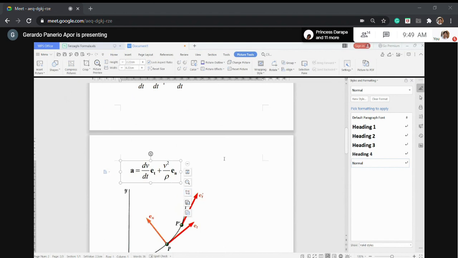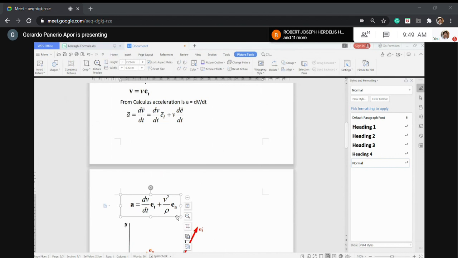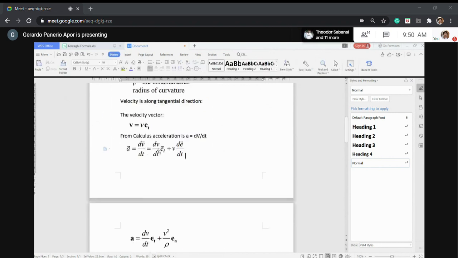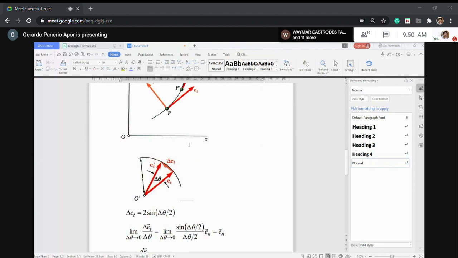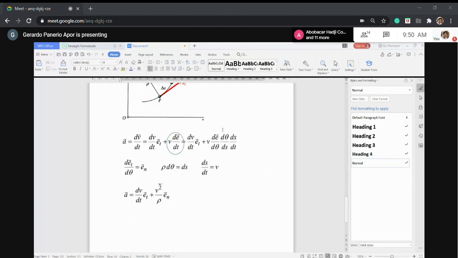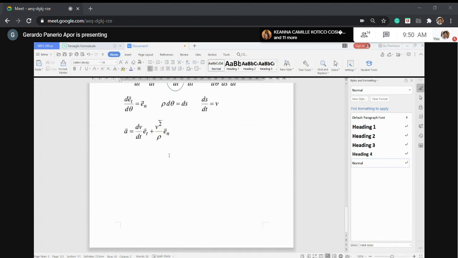It is no different from this equation, but earlier I was confused at the start about why this term is there. So this is its derivative, and we manipulated that part. The book really uses the chain rule here, and then substitutes the fact that rho d theta equals ds and ds dt equals v. So we come up with an equation like this.